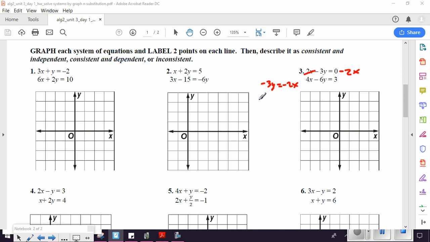Then you divide by negative 3, so that would give you y is equal to a positive 2 over 3x, because a negative 2 divided by a negative 3 is a positive 2 over 3. So that means the slope is a positive 2 over 3, and our y-intercept is 0, because there's nothing after the x term.